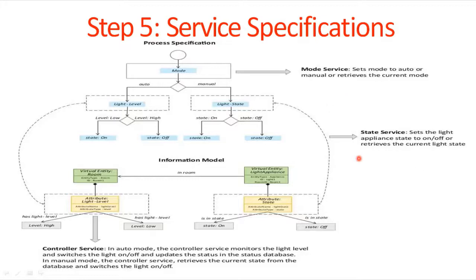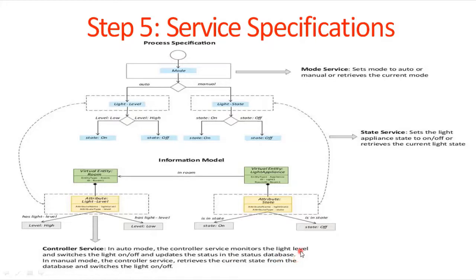And then coming to the state service. Here, the state service sets the light appliance state to on or off, or retrieves the current light information. Finally, the controller service, one of the important services. In auto mode, the controller service monitors the light level, switches the light on or off, and updates the status in the status database.